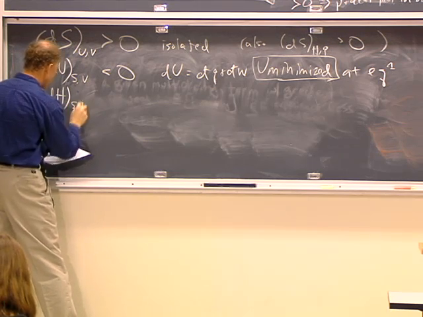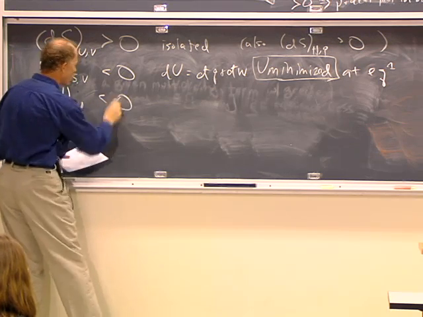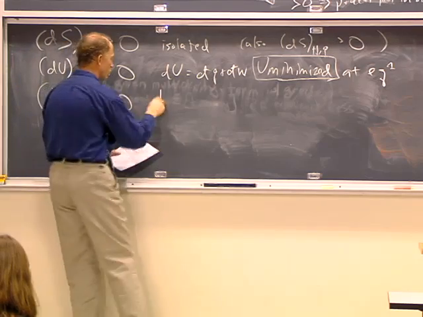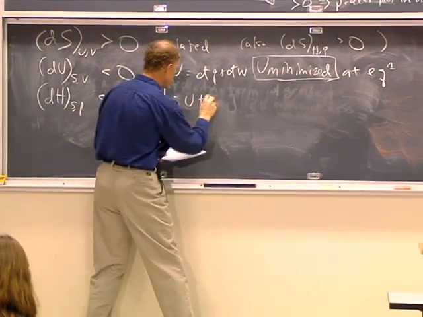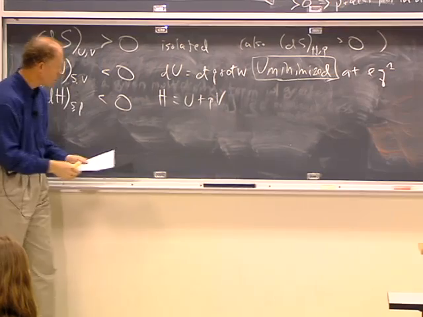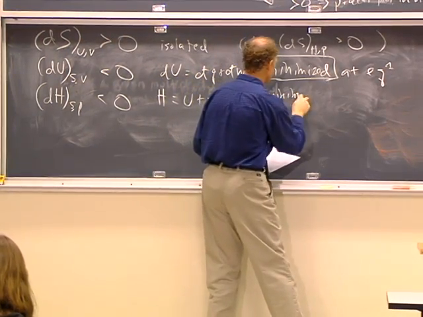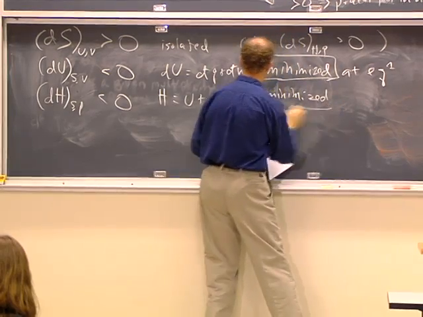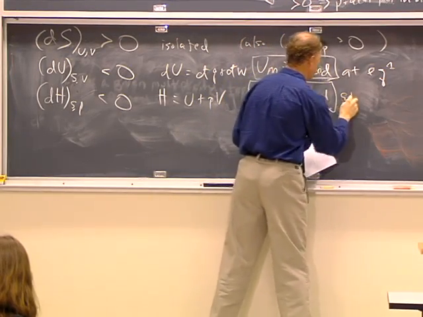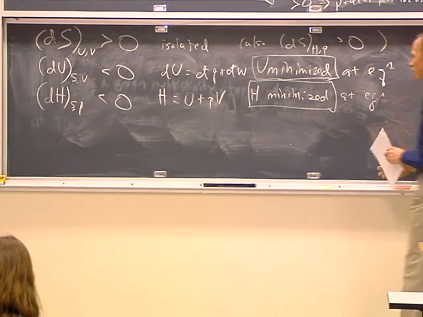dH at constant S and P is less than 0. So our H is U plus PV, as you know. And H is minimized at equilibrium.